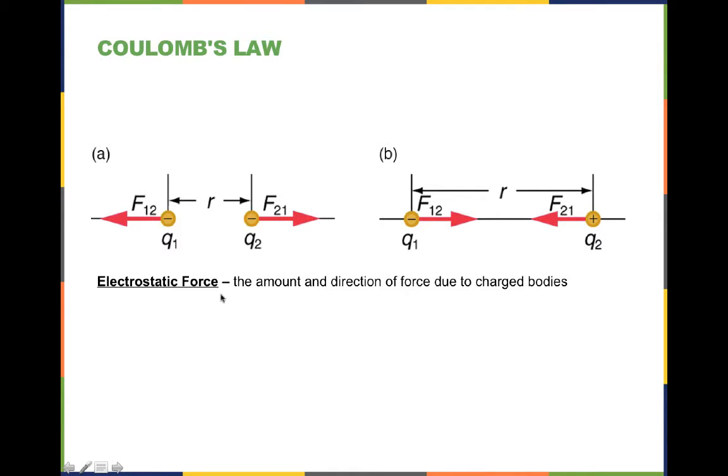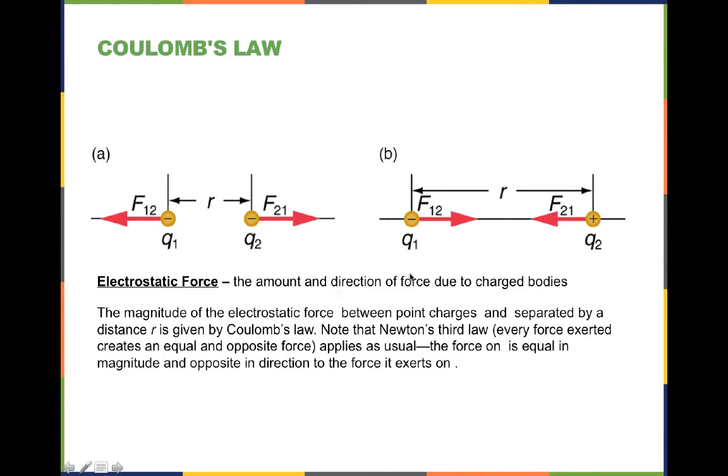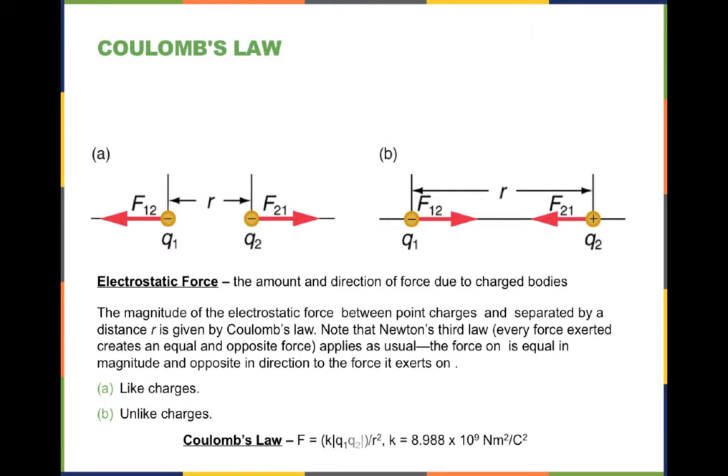So an electrostatic force is the energy and direction of force due to the charged bodies being brought into some degree of closeness with each other. The magnitude of that force can be calculated using, remember, like charges repel and unlike charges attract, and the force is the same.